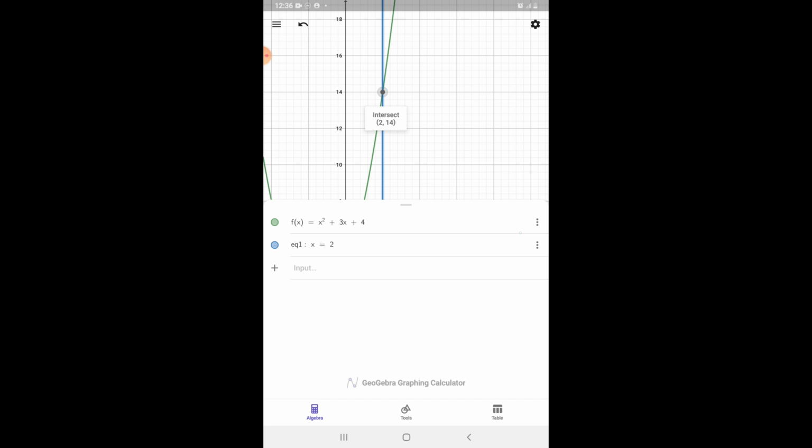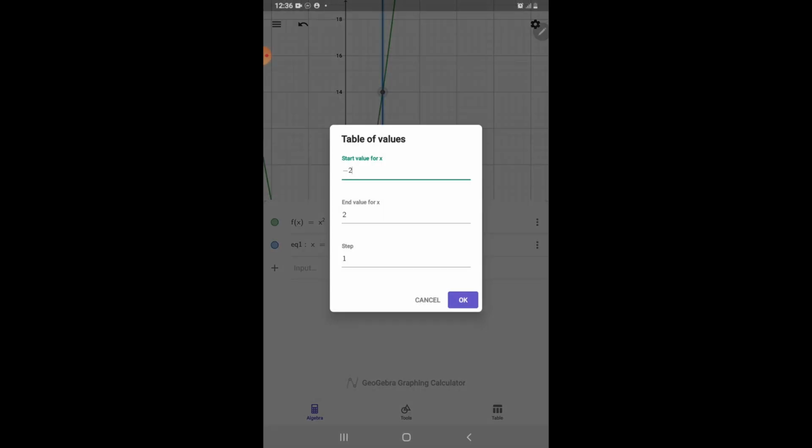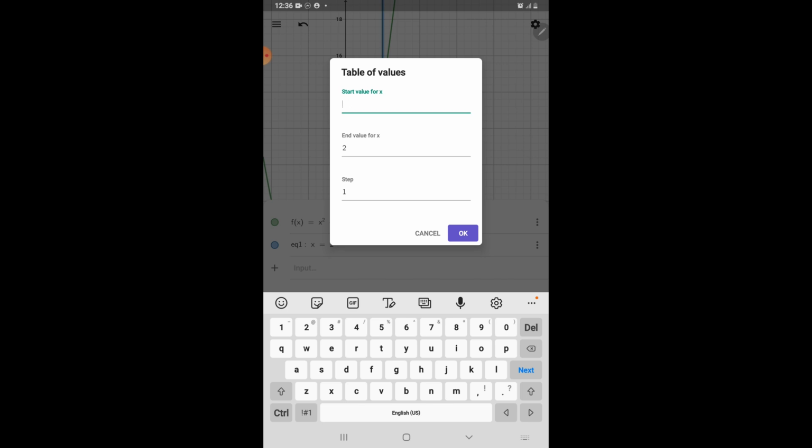So after determining that the function is defined through the graphical solution, I use the table of values, where I started at the value of 1.95 and ended at the value of 2.05.